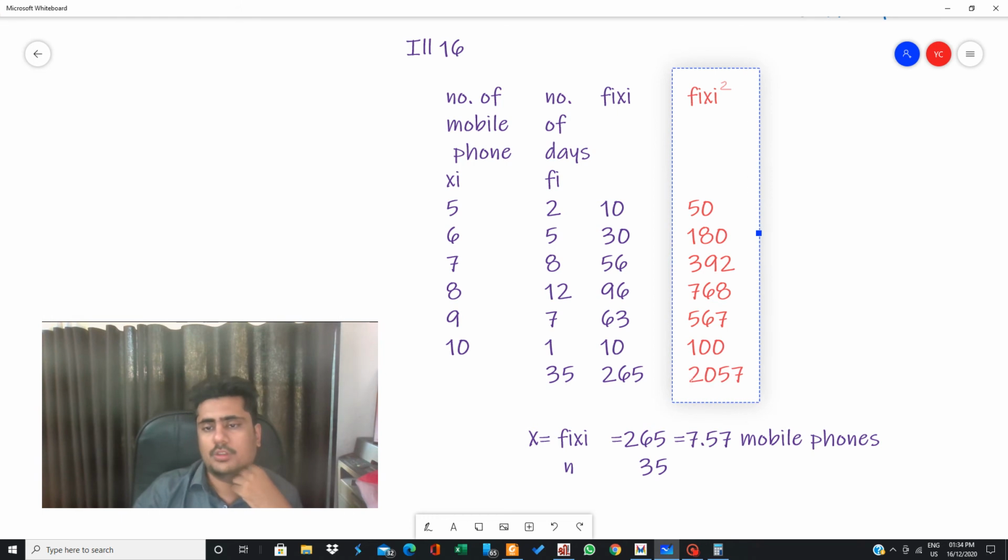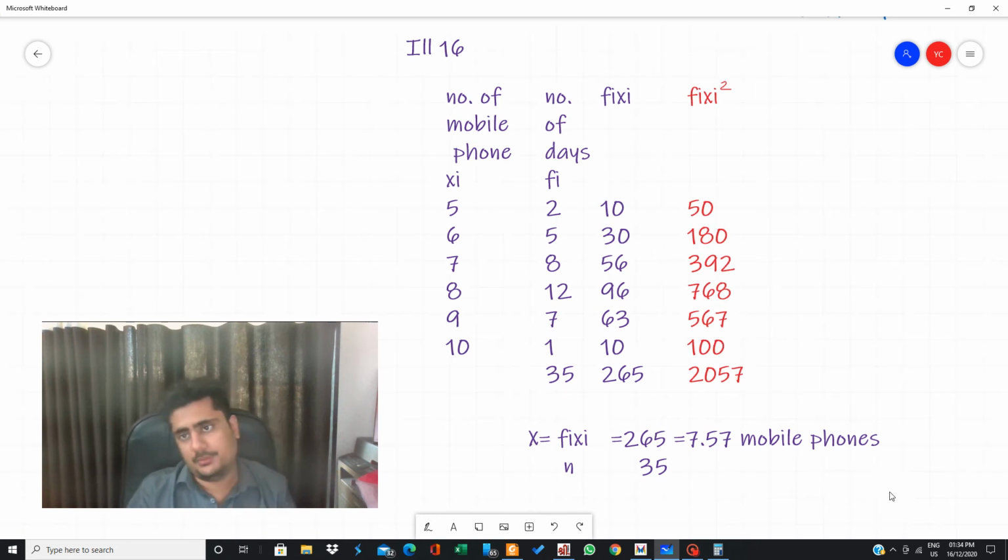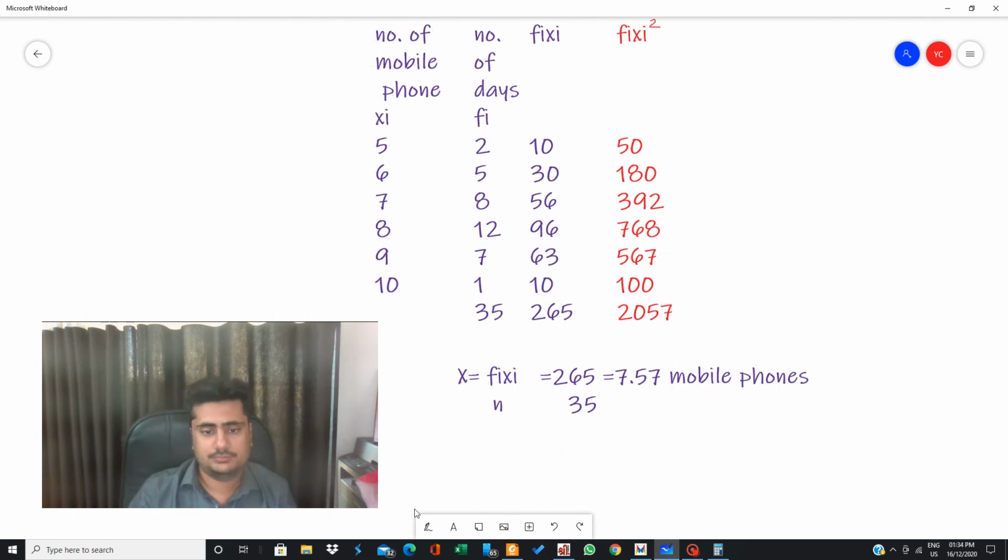My total is 2057. This is sigma fi xi into xi. Now my standard deviation will be the root of sigma fi xi square upon n minus x bar square.